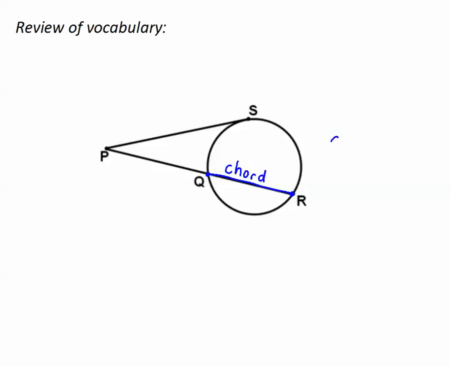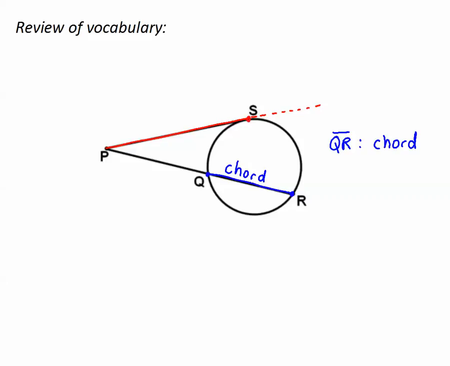And we know if we were to label it on the side, we would write it as a segment. Segment QR is called a chord. We also know that PS, this segment right here, is a tangent if it were to keep going.